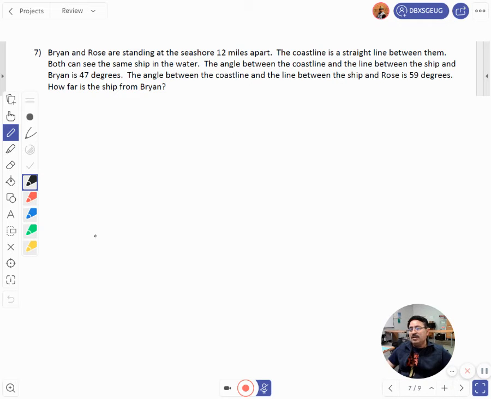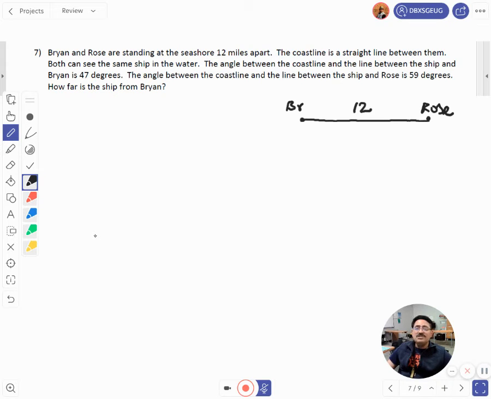Another question. Bran and Rose are standing at the seashore 12 miles apart. Therefore, let me mark 2 points. Here is Bran and Rose is here. They are standing at the seashore 12 miles apart, so here is 12 miles.